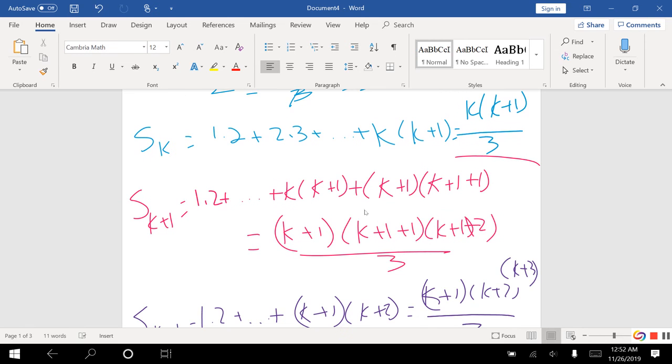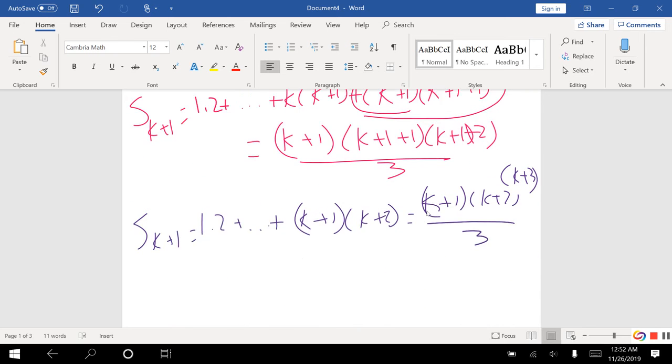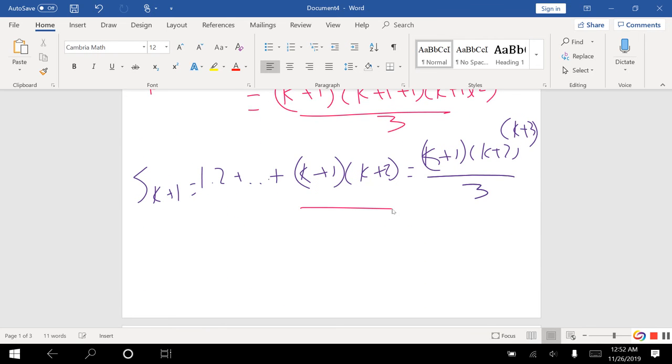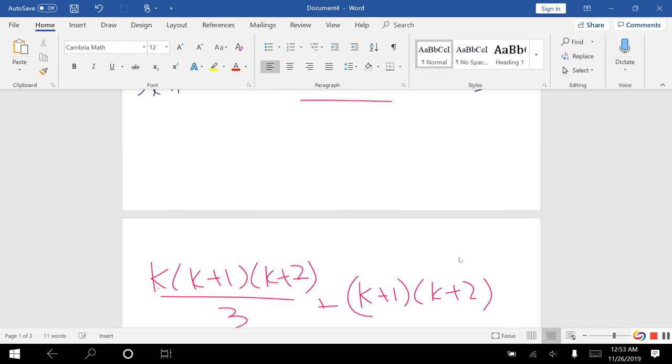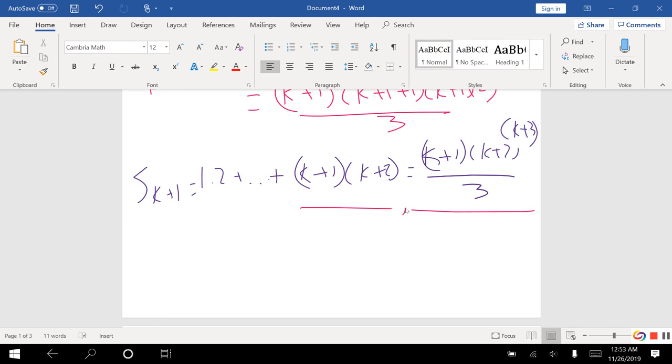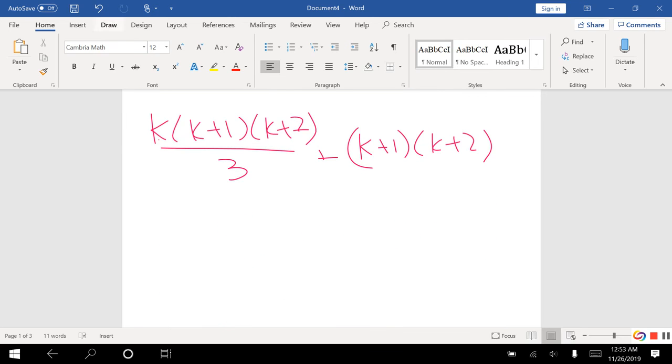And I'm going to add my next term, what I say my next term should be. I've got it simplified down here, so I'm going to use this one. So (k plus 1) times (k plus 2). I'm saying that should be my next term, and I say I should get this. So then, do I? So I'm just adding it.